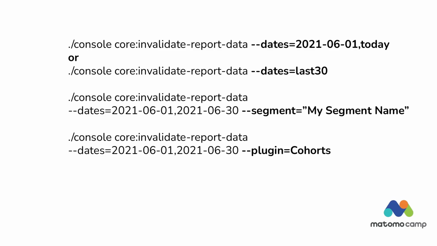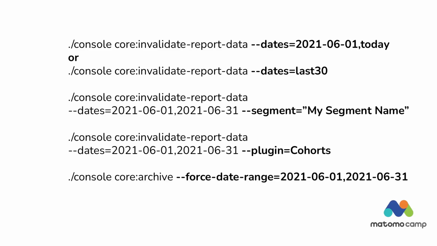This is really, really useful, and once you've done all of this, of course, it then becomes necessary to reprocess that data. That brings us to the very last step in this specific section, and that is reprocessing the report data that we've just invalidated using the force date range option.